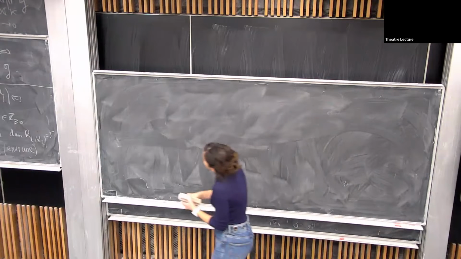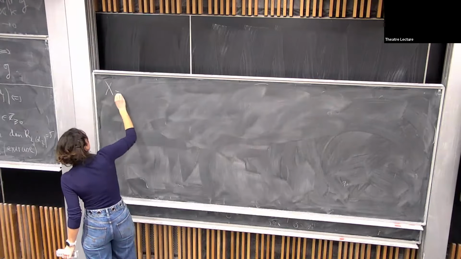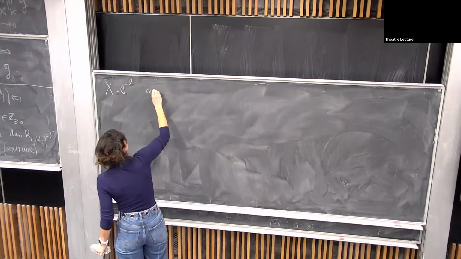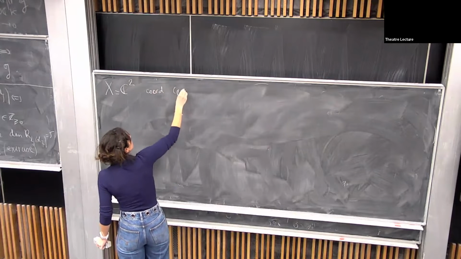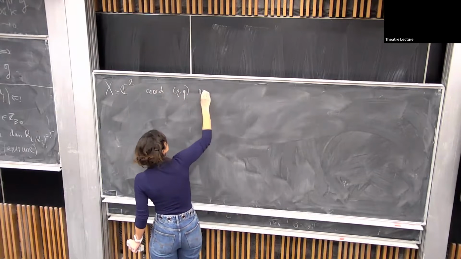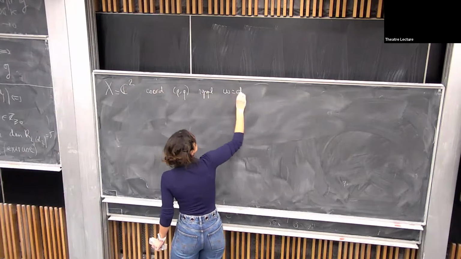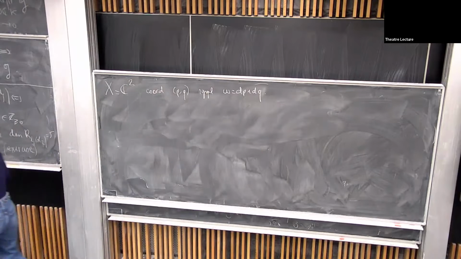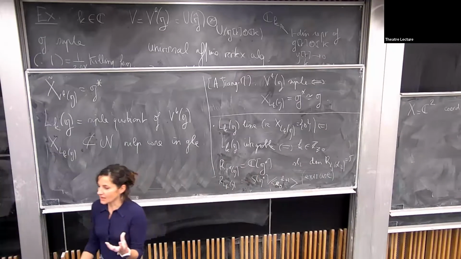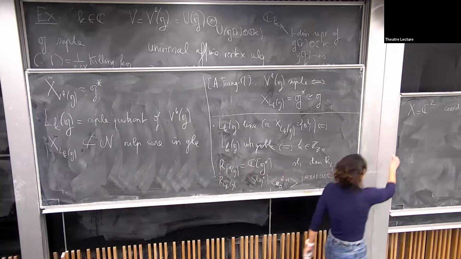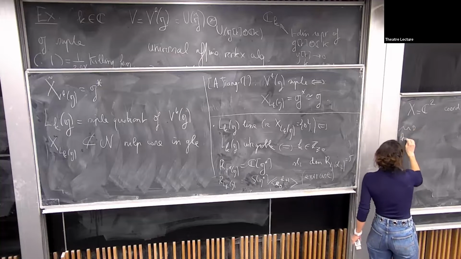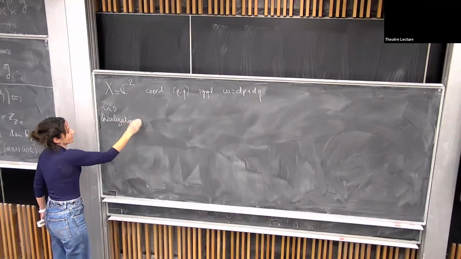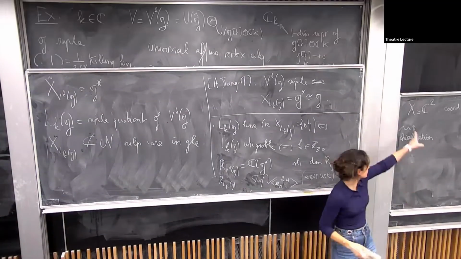So let's consider a different style of example. Let's consider C2 with coordinates p, q and the natural symplectic structure. This admits a natural quantization with the Weyl algebra, but it also admits a nice chiralization, that is to say, vertex algebras whose associated scheme is exactly this.